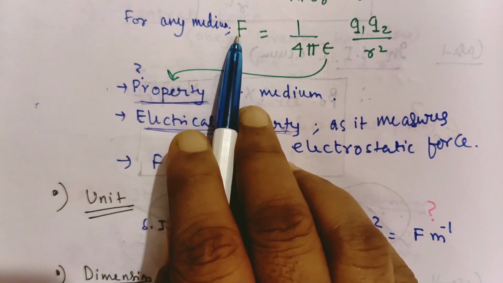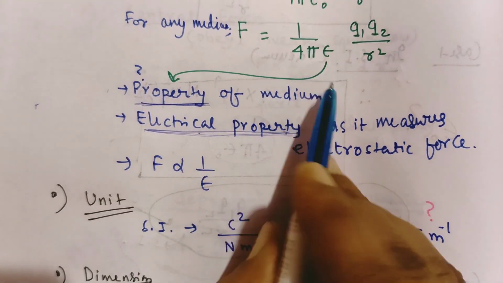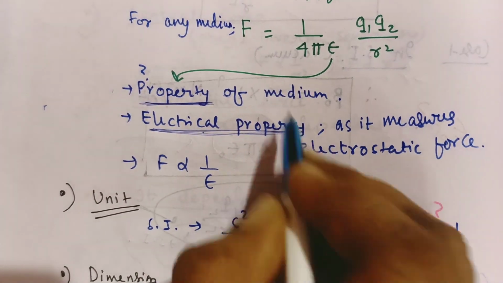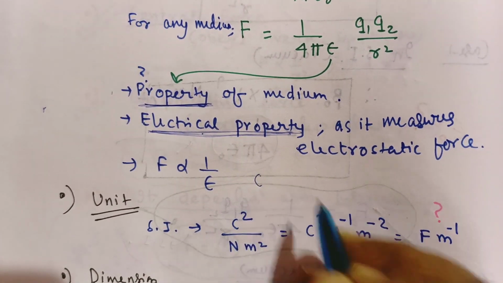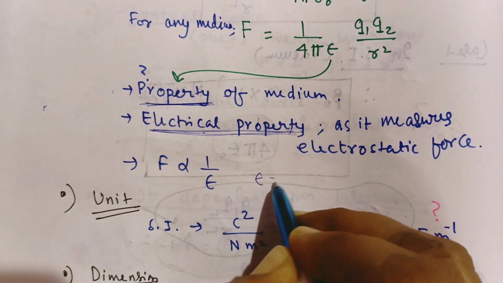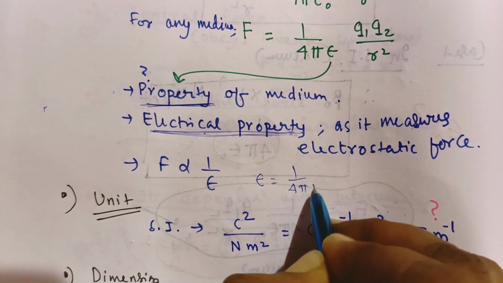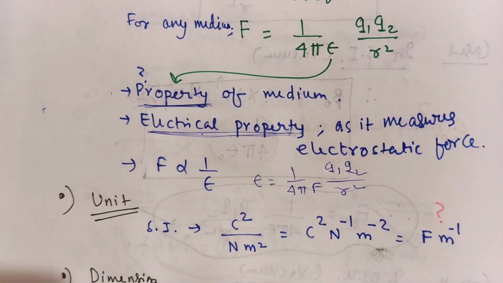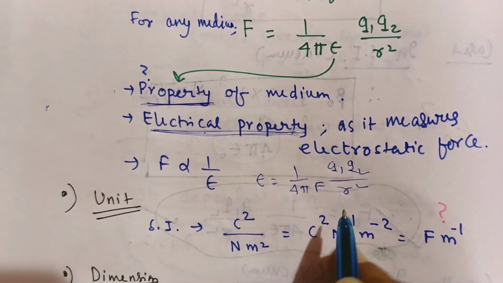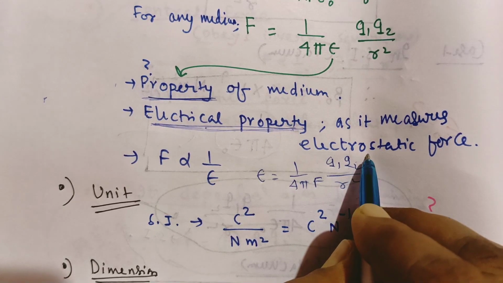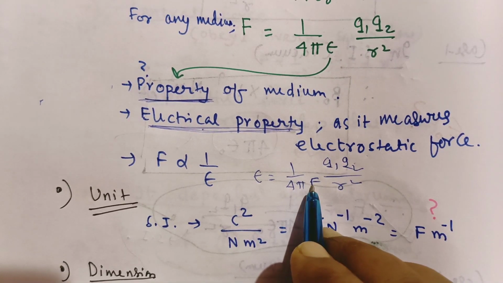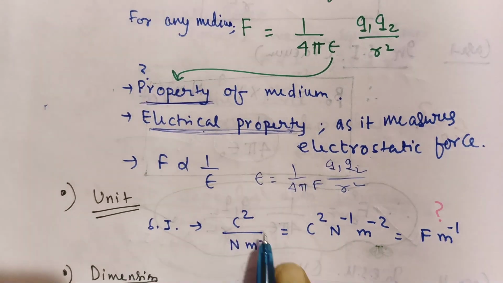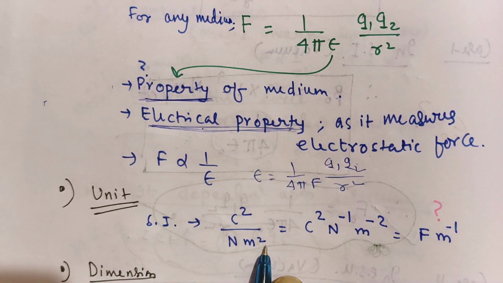You want to give the unit of epsilon, so you keep epsilon on one side: epsilon is equal to 1 by 4 pi, Q1 into Q2 by F R square. Q1 into Q2 means Coulomb square, F means Newton, R square means meter square. So the SI unit is Coulomb square per Newton meter square.